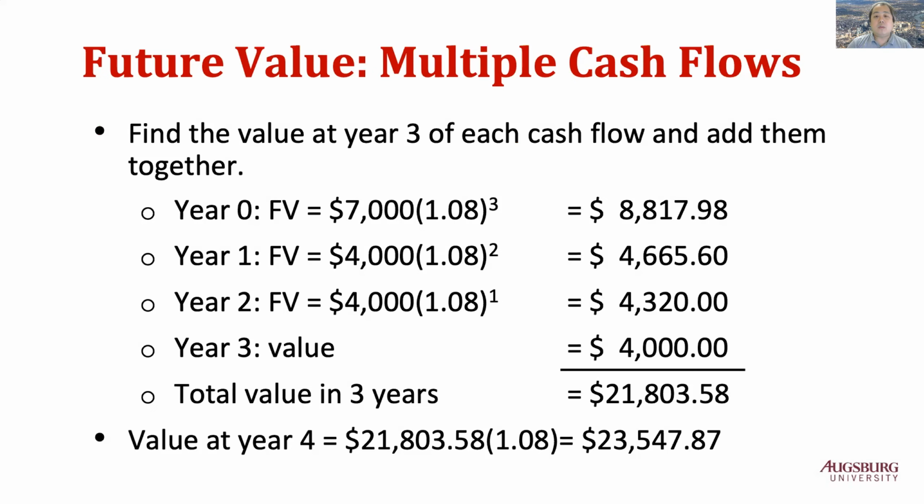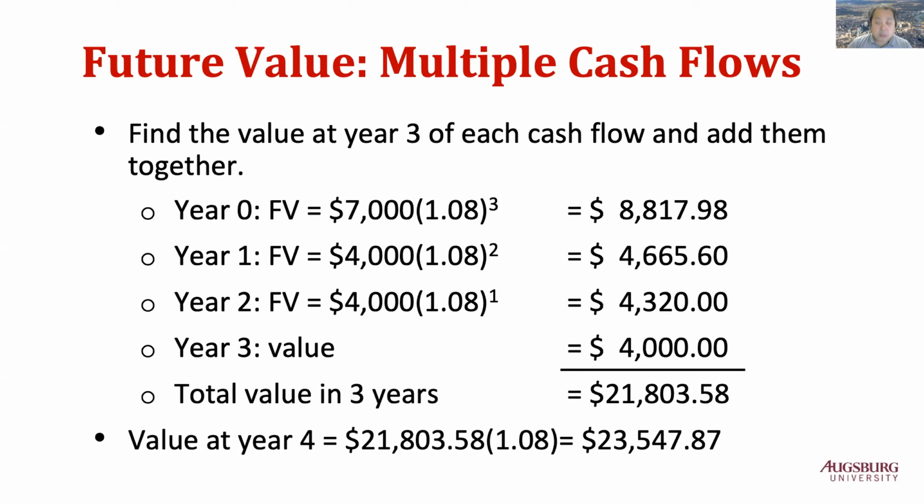So the way to find the future value of the multiple cash flow, especially for uneven cash flows, we need to calculate the future value of each cash flow and add them up. That's how to get the future value of multiple cash flows.